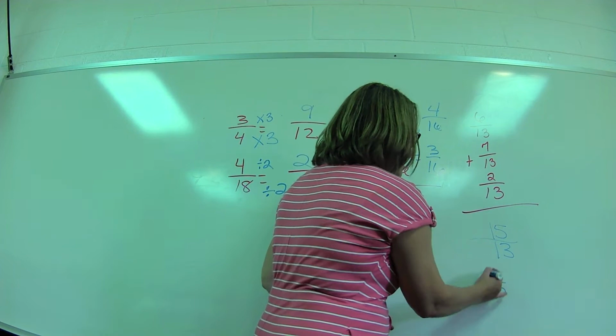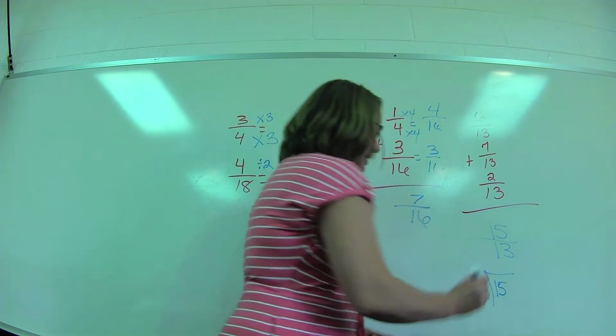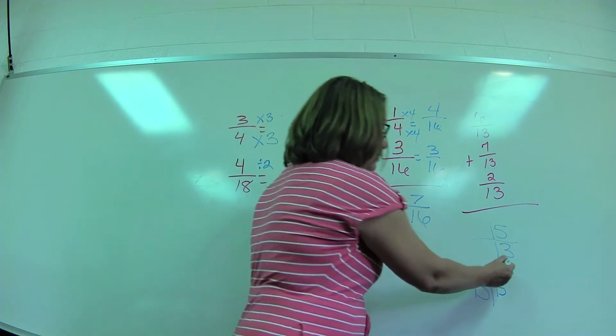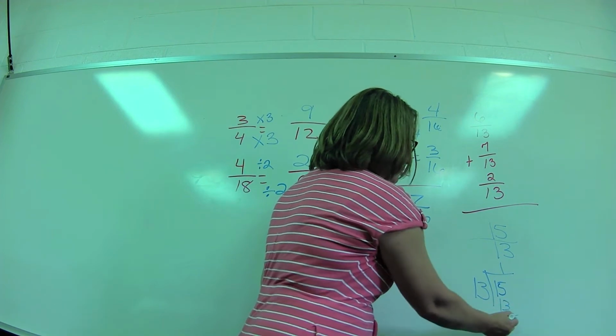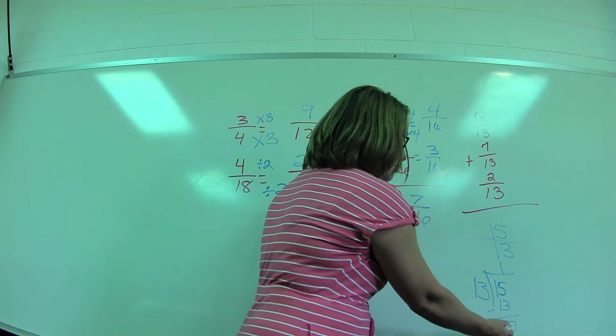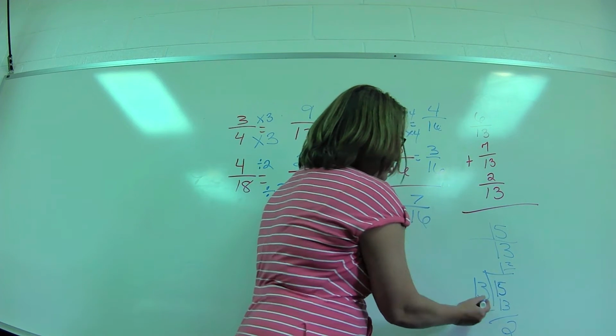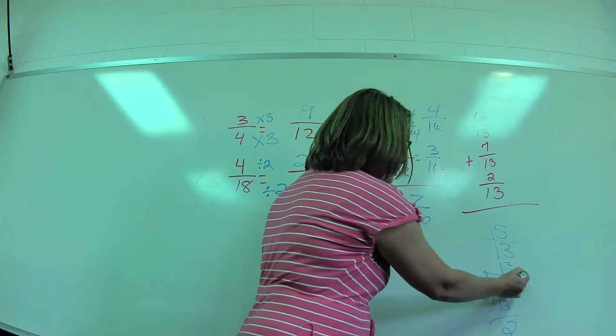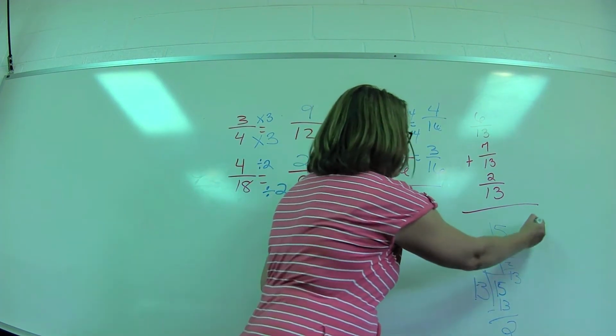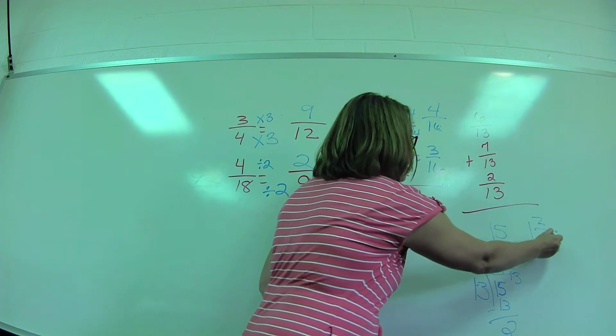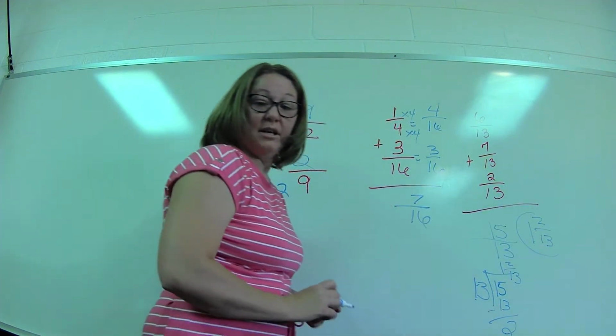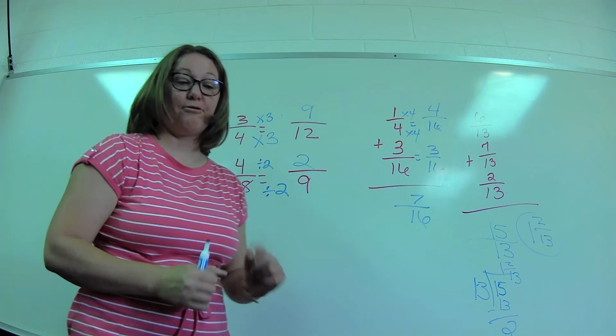That's 15 divided by 13. So 13 goes into 15 one time. Subtract, you get 2. This will be my numerator. This will be my denominator. So my answer is 1 and 2/13.